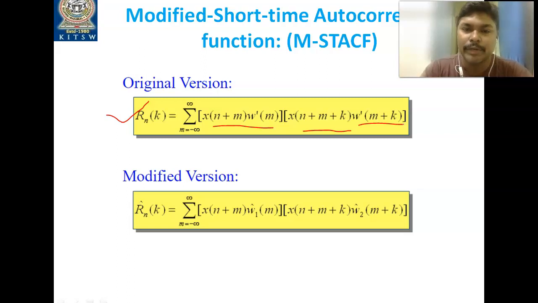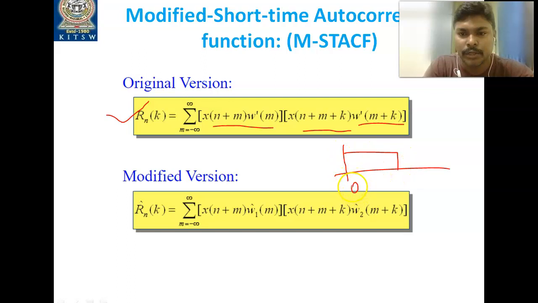When you apply any window technique, normally we consider the rectangular window. If I draw the rectangular window, it looks like this, starting from 0 to L minus 1. This is the length of the rectangular window. Assume this is a rectangular window.